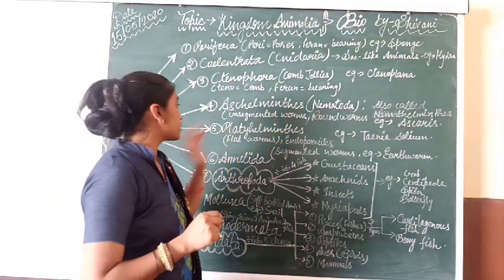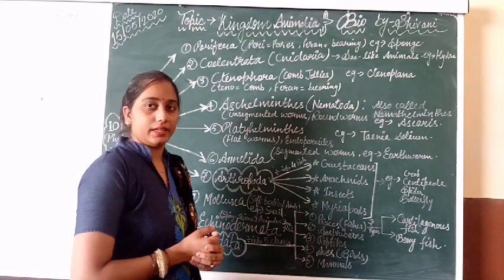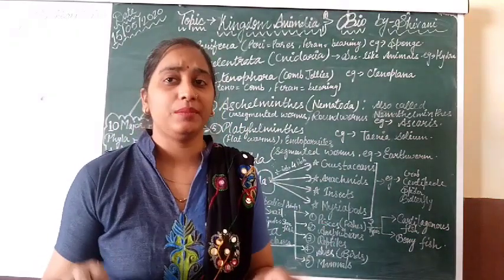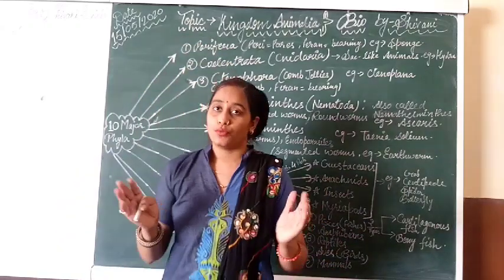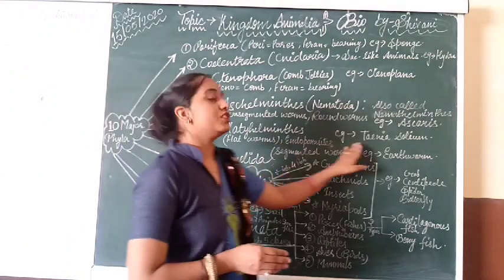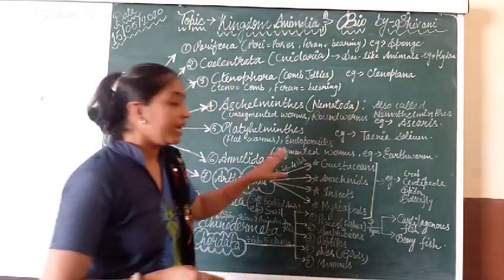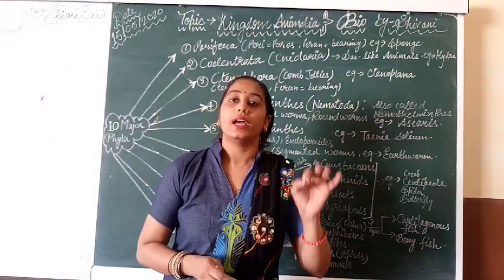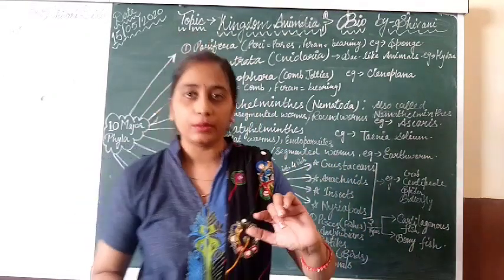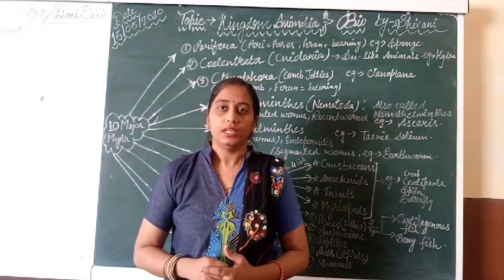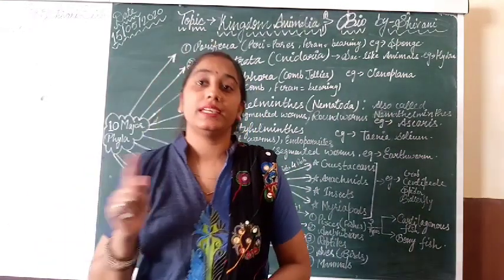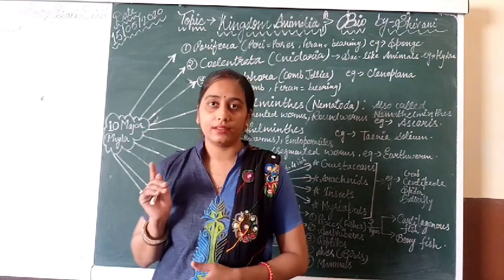The next phylum is Platyhelminthes. Platy means flat, helminths means worm, flat worms. Example of flat worms is Taenia solium. They are also endoparasites, meaning they live either in the animal body or human body. Taenia solium acts as a parasite inside the human intestine.